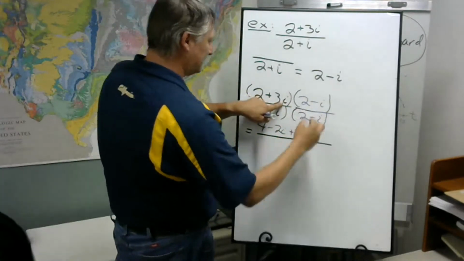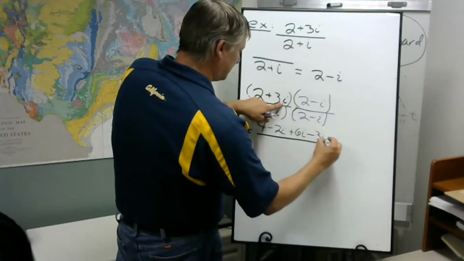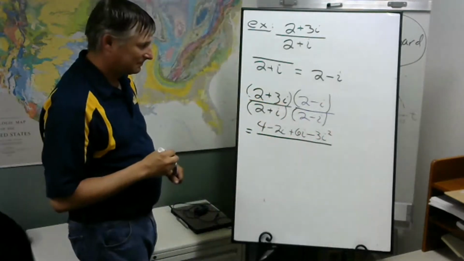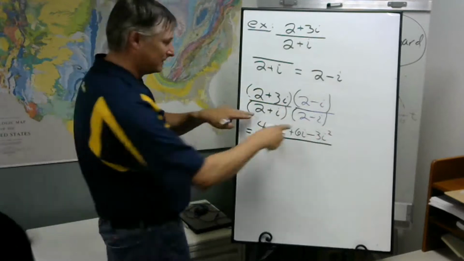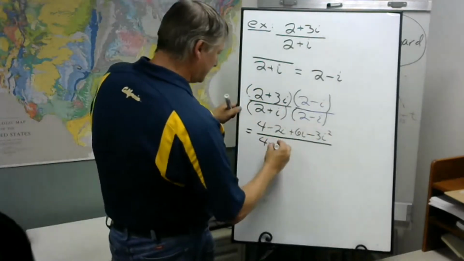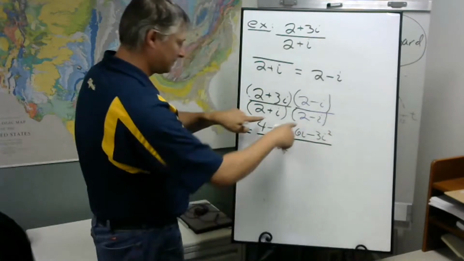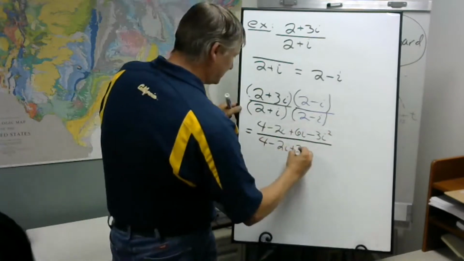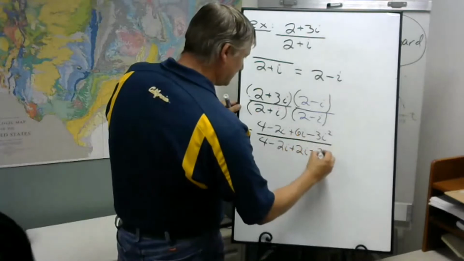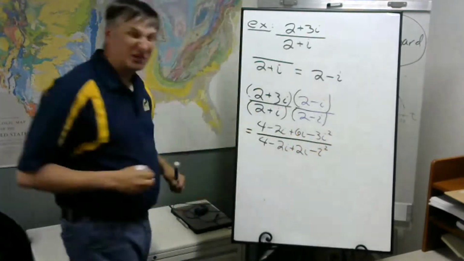And last, minus 3i squared. Now let's take a look at the bottom. 4 minus 2i plus 2i, seeing that cancellation, minus i squared, which is really just negative 1.